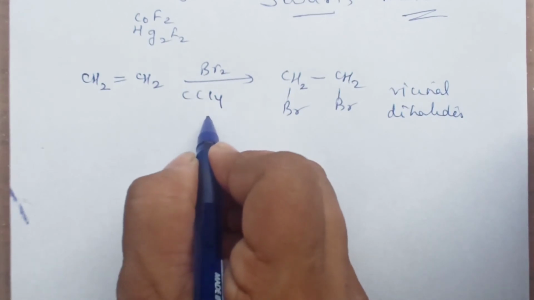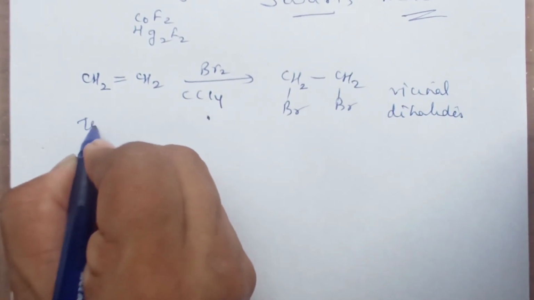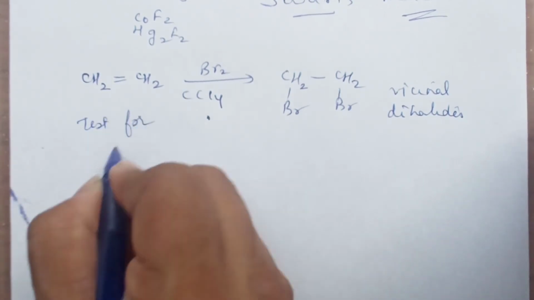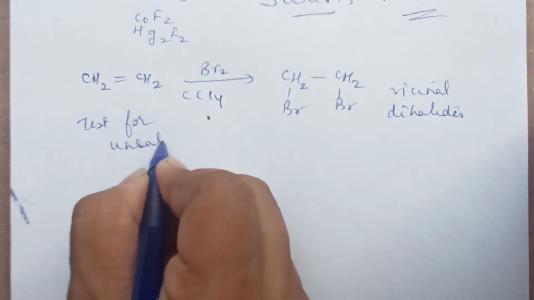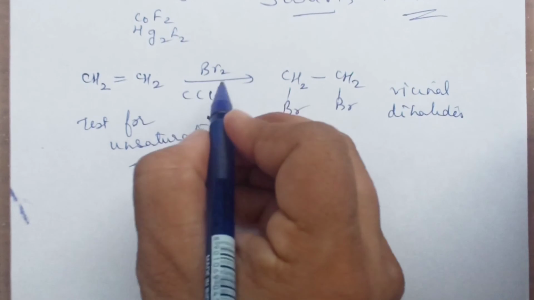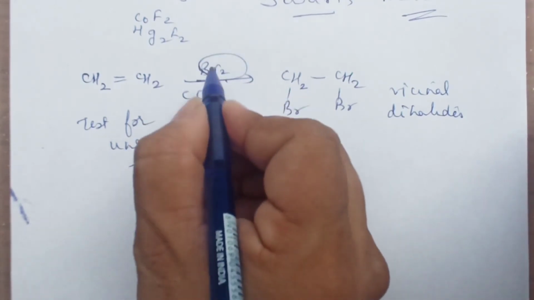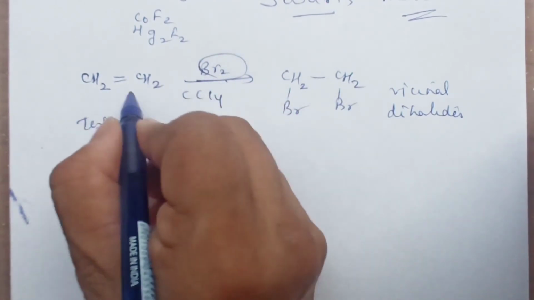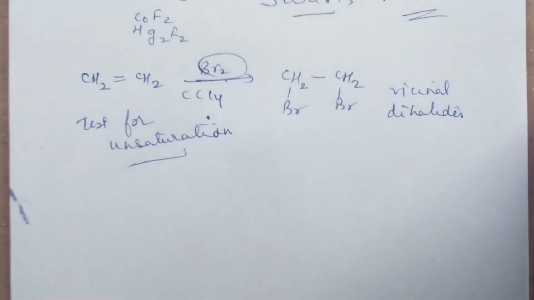This reaction also has importance. It is used as a test for unsaturation. How? Bromine has a reddish brown color. When we add it to an alkene, it loses the color.